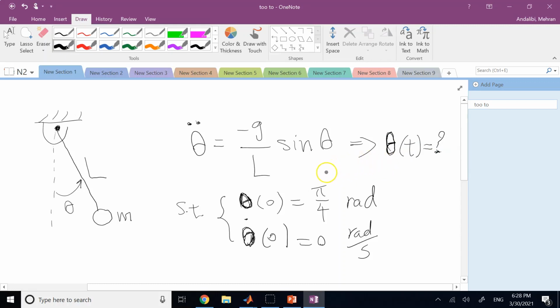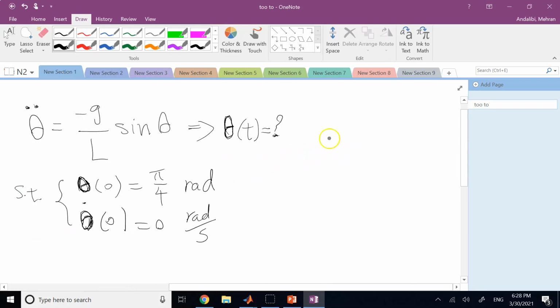It has some approximations to it, but that's what they do in many applications in engineering, they resort to numerical solutions. So instead of an actual function, what you are going to have is the values of theta at specific time points, basically a bunch of points.